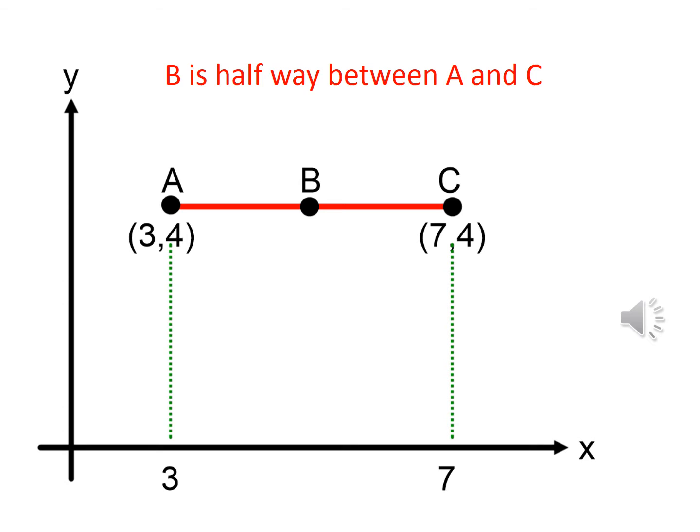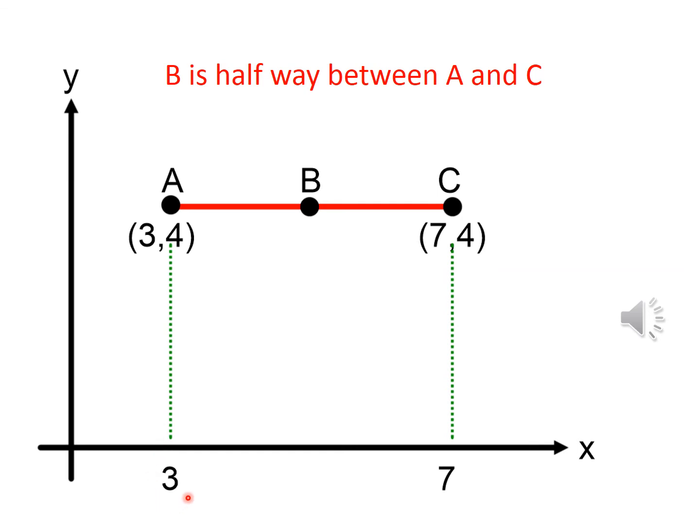So let's break the question down and work out what we know already and see if that will help us to work out what we need to find out. So we're told in the question that B is halfway between A and C, and that's really important, as you'll see in a minute. We also know that on the x-axis, point A is at 3, because we're told the coordinates for A are 3 and 4.